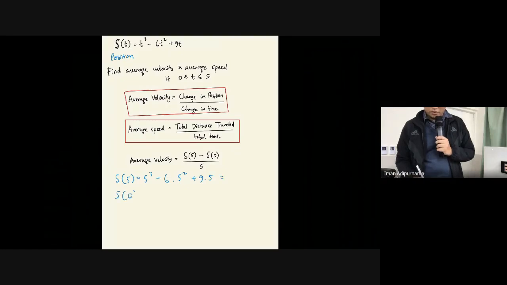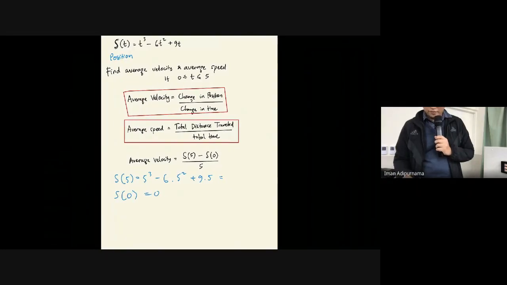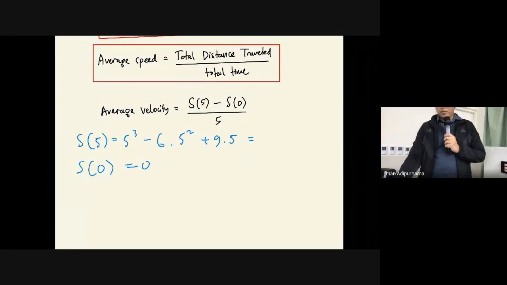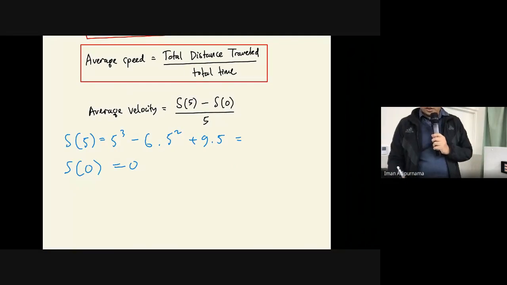And S0, I think it's easy, it's 0. So 5 cubed is 125, minus 150 gives negative 25, so this is 20.